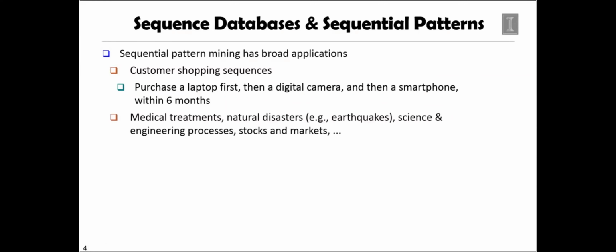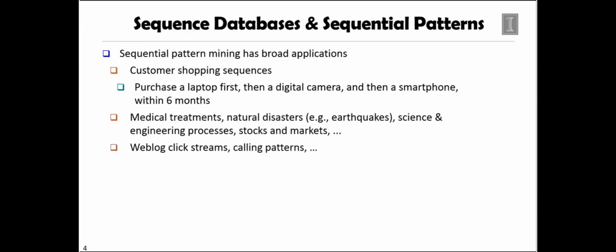Like medical treatment sequences, or natural disasters like earthquakes, which may have sequences of natural and also human phenomena. In science and engineering, a lot of things are processes. They evolve along with time. Similarly, stocks and markets have some kind of duration sequences.